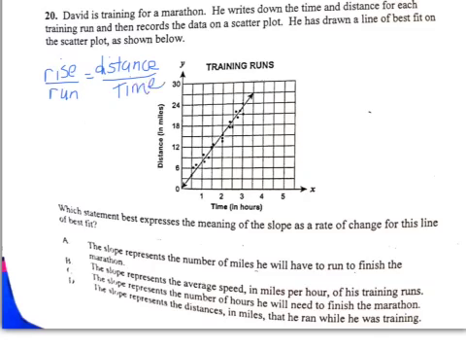Looking at my answer choices, the slope represents the average speed in miles per hour of his training runs. That would be what it is, miles per hour.